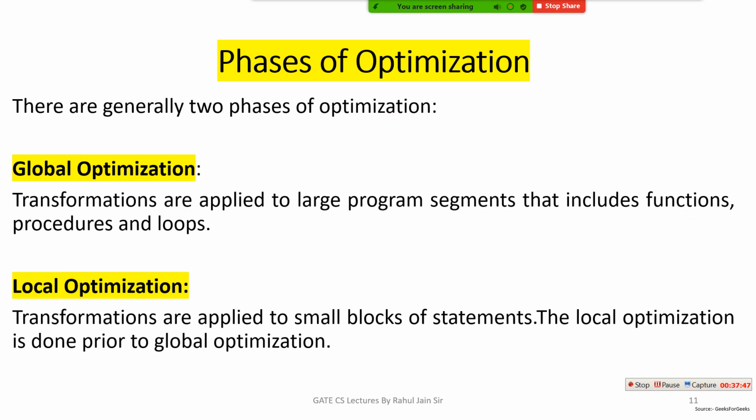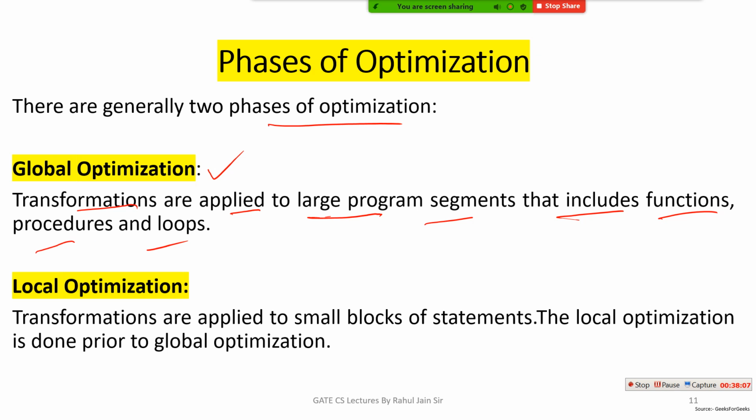Now the next one is phases of optimization. What are the phases of optimization? There are generally two phases. The very first one is global optimization: transformations applied to large program segments that include functions, procedures and loops.